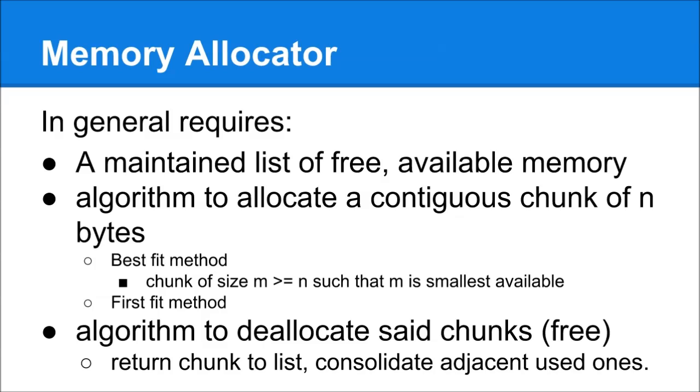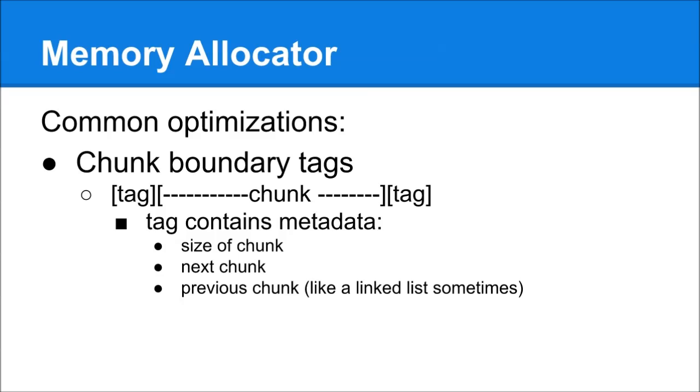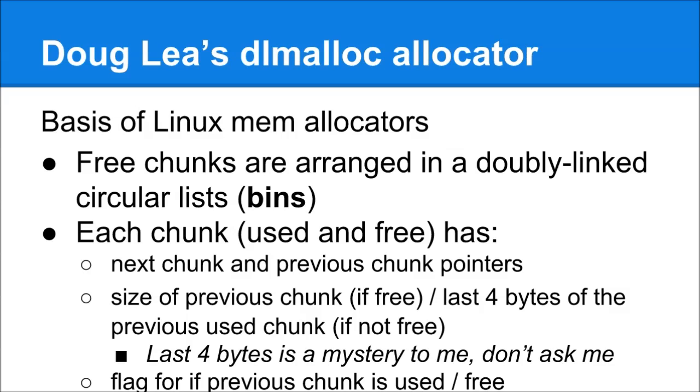There's basically 3 parts to it: the list of free available chunks, an algorithm to allocate a chunk, and an algorithm to deallocate or free a chunk. And then there's metadata usually in each chunk: the size of the current chunk, a pointer to the next chunk, a pointer to the previous chunk. The basis of the Linux memory allocator is that free chunks are arranged in a doubly linked list.